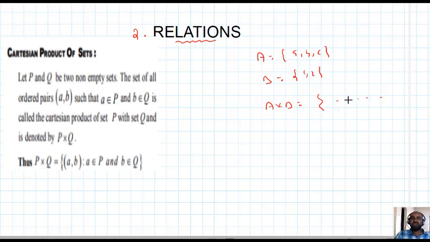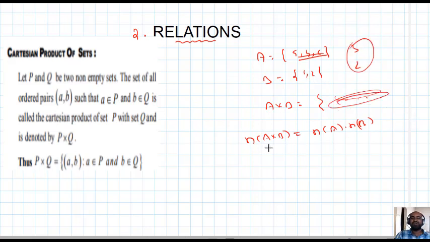So now we want to find the relation between cardinal numbers. N of A cross B, A cross B containing how many elements? Which is the same as N of A into N of B only. See, here 3 elements, here 2 elements, 3 twos are 6. So 6 ordered pairs we get in A cross B. That's why N of A cross B is always equal to N of A into N of B. Similarly, N of B cross A is also equal to N of A into N of B.